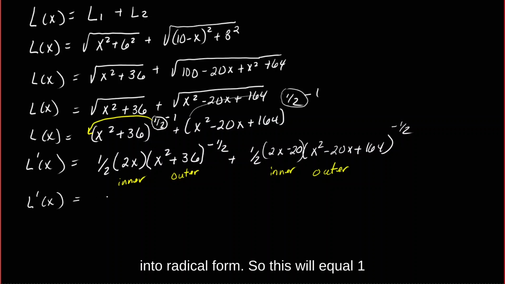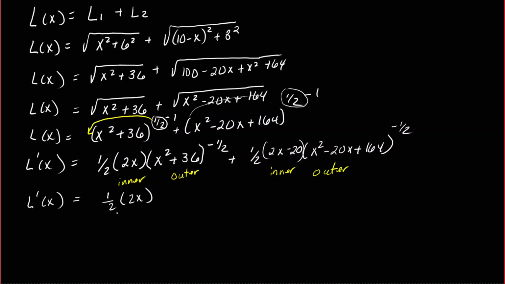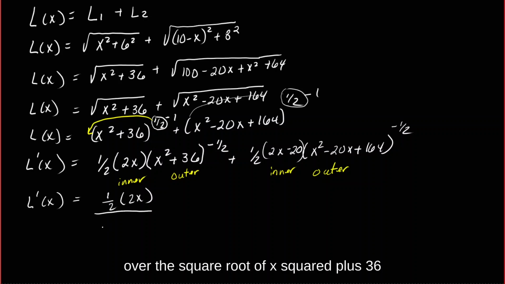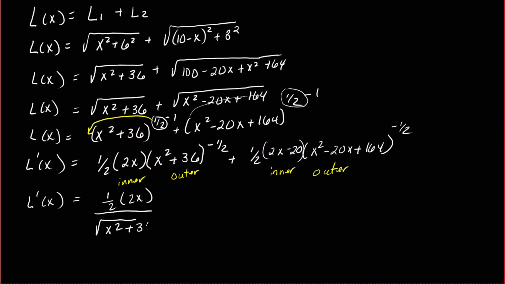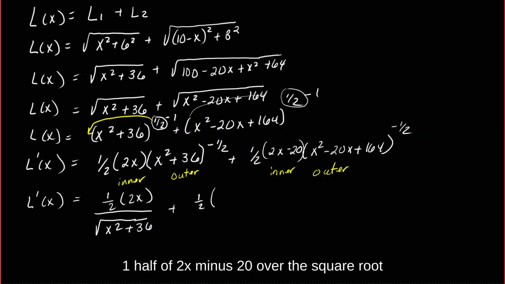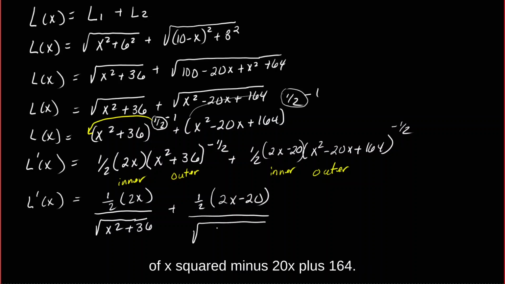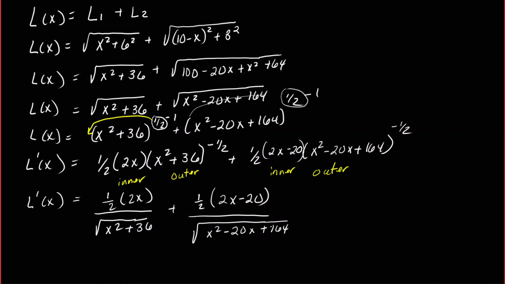So this will equal 1/2 times 2x over the square root of x squared plus 36 plus 1/2 of 2x minus 20 over the square root of x squared minus 20x plus 164.